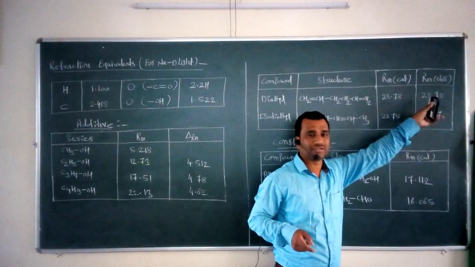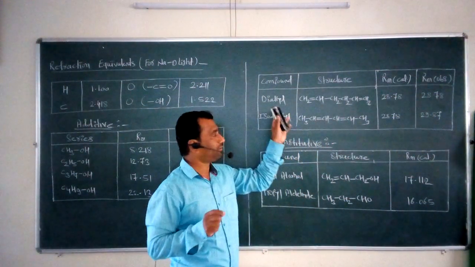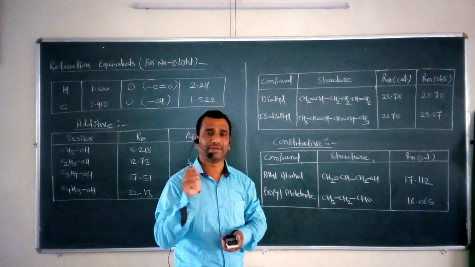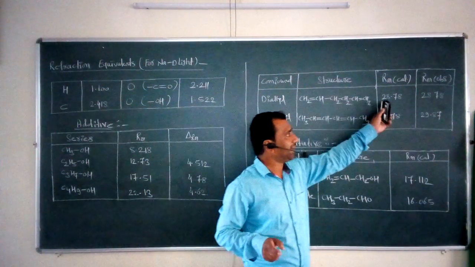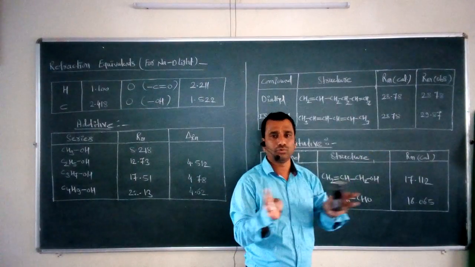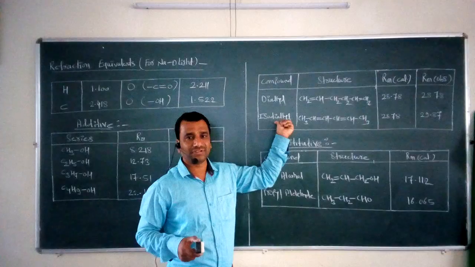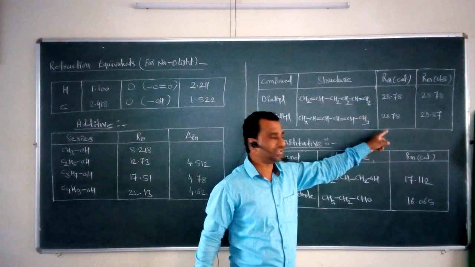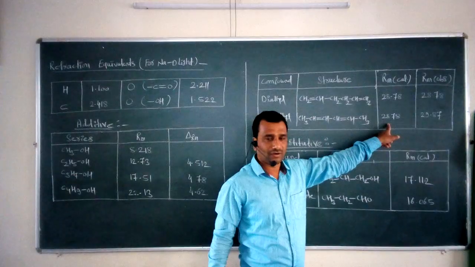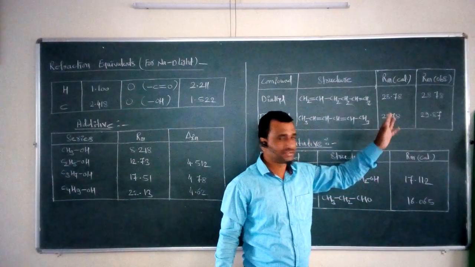So for this diallyl compound, the magnitude of molar refraction by calculation and by experiment is the same, that is 28.78. These two values are exactly equal to each other. On the other hand, for the second compound, isodiallyl, the value of molar refraction by calculation is 28.78, while the experimental value is 29.87.